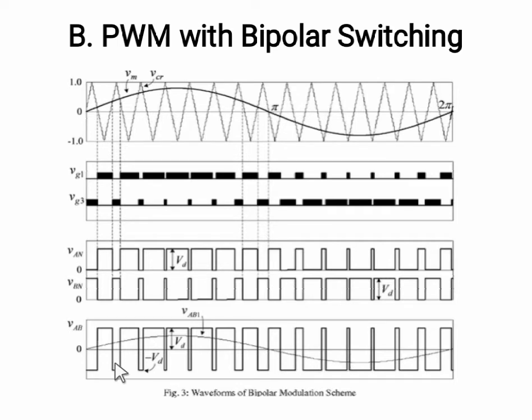But if we take the average value of these pulses, we get this for the positive half cycle and this for the negative half cycle. For these portions the negative pulse width is very small, so we can neglect it, and for the positive half cycle pulse widths are large compared to negative pulses, so we can take it as positive.